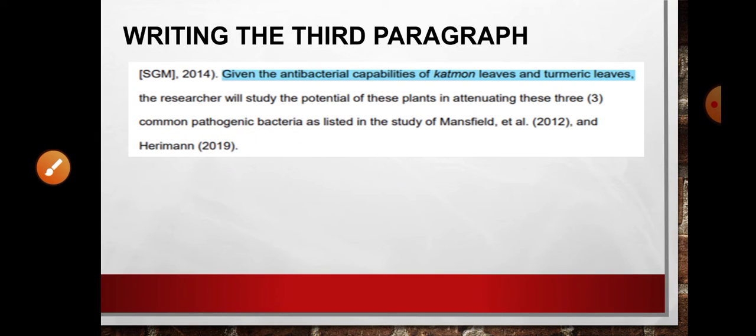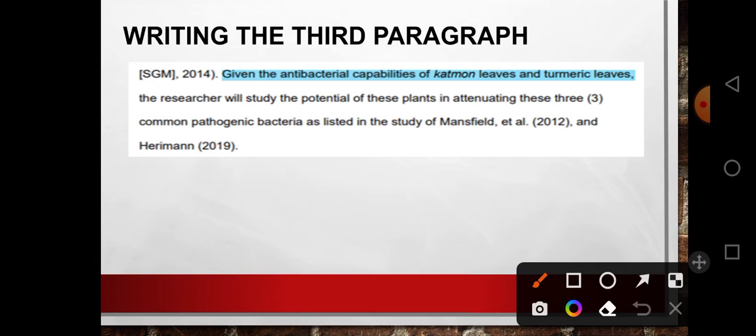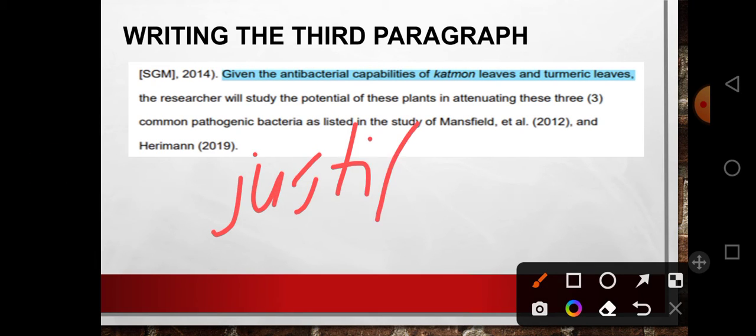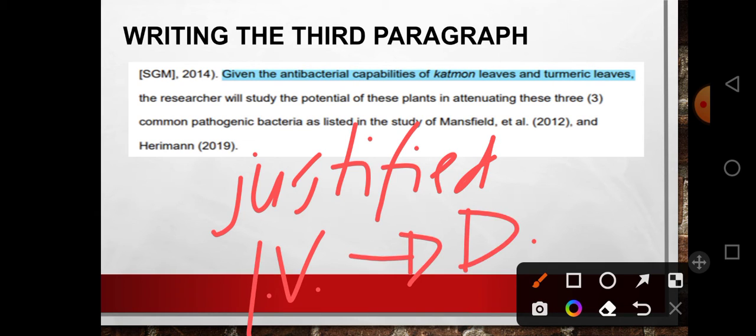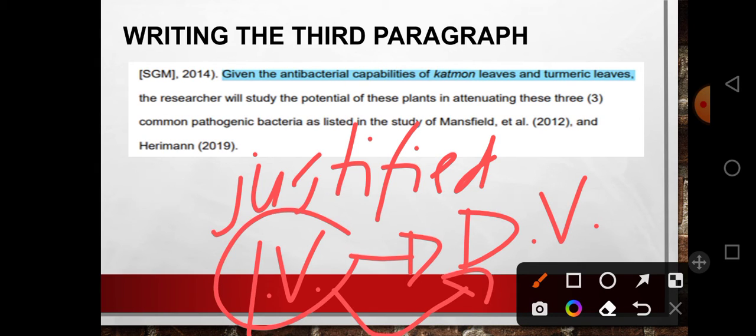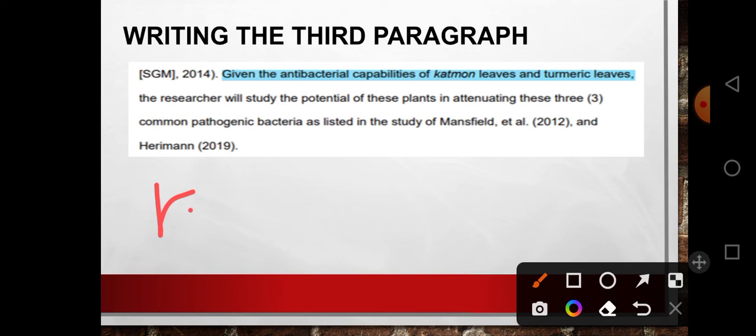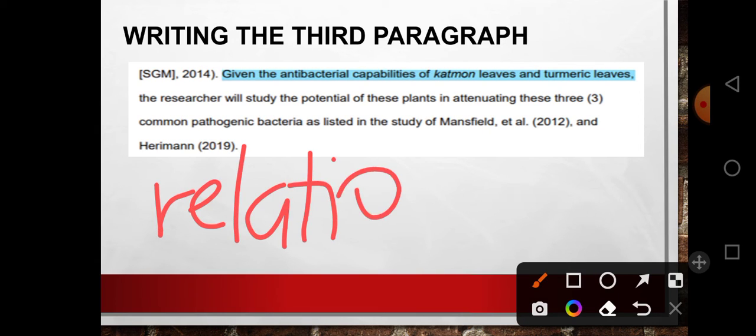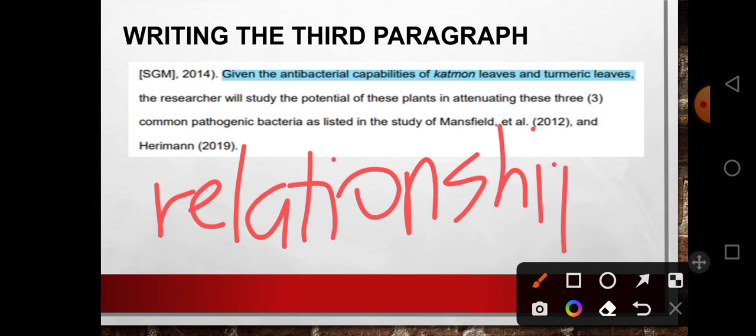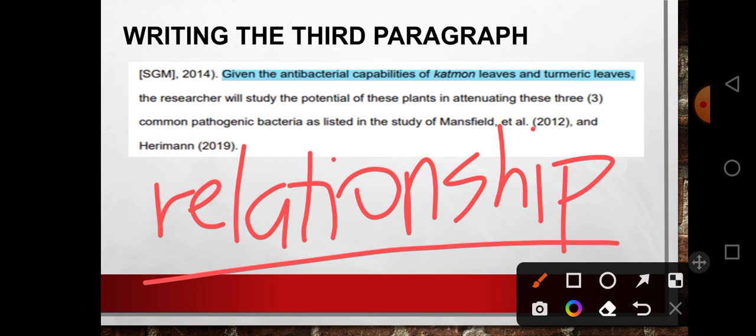Now, if you analyze the last part, what can you say about it? Did the last part justify that the IV can potentially affect the DV? Is there a justification that the independent variable can have an effect on the dependent variable? Yes. So in this part, we tried to reveal the relationship between the IV and the DV.